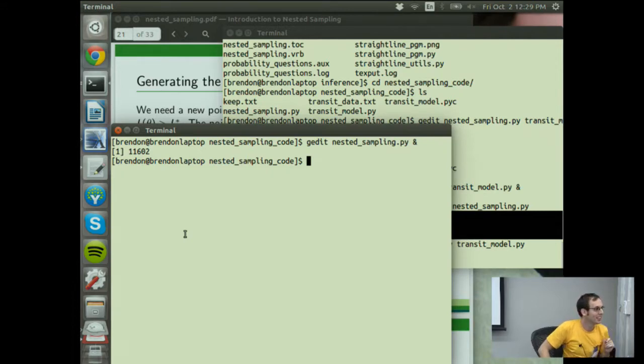Since we're stuck on this, can I make one quick comment? We were talking earlier about priors. I mentioned that there's this class of objective priors, where it's a procedure that you apply to your model that gives you a prior suited for your problem. The way the reference prior is defined is you find the prior for which the expected information gain going from prior to posterior is the least.